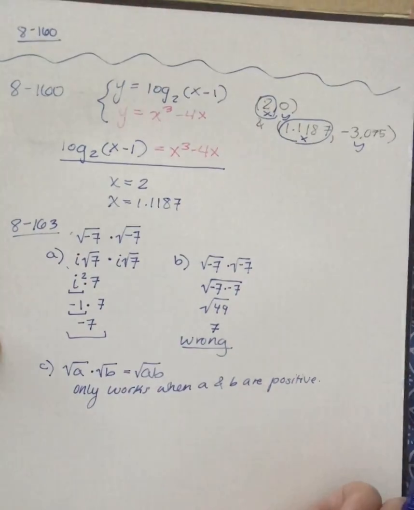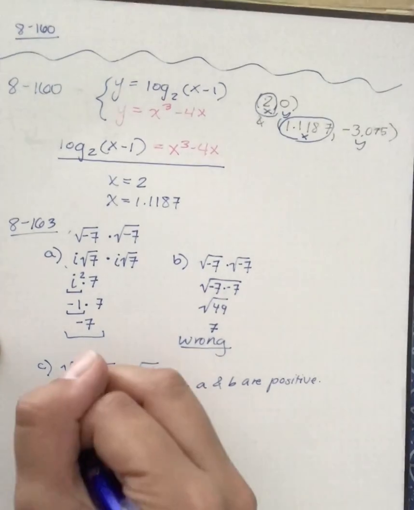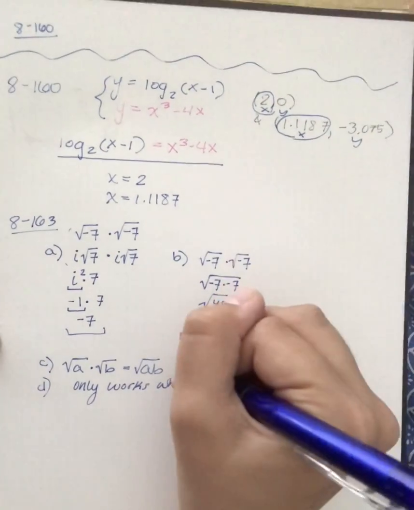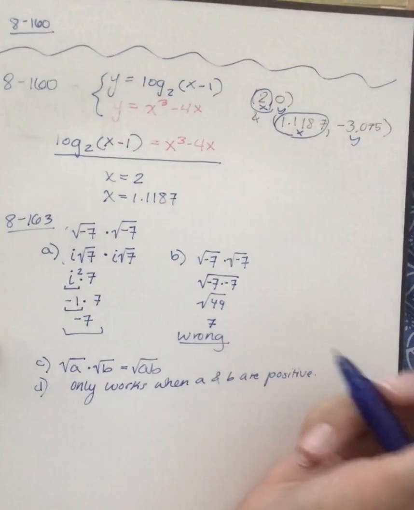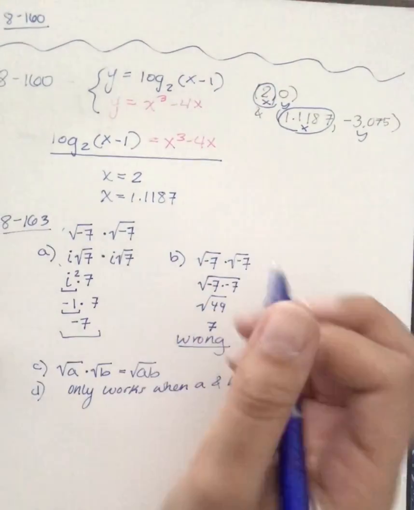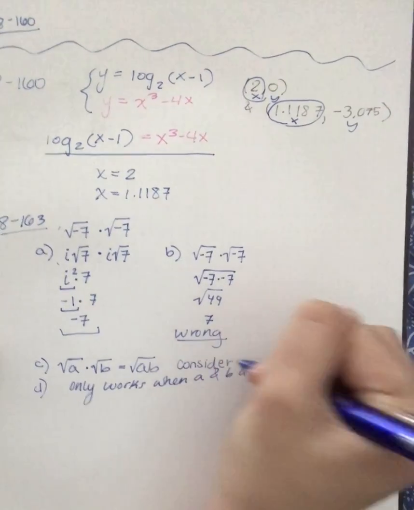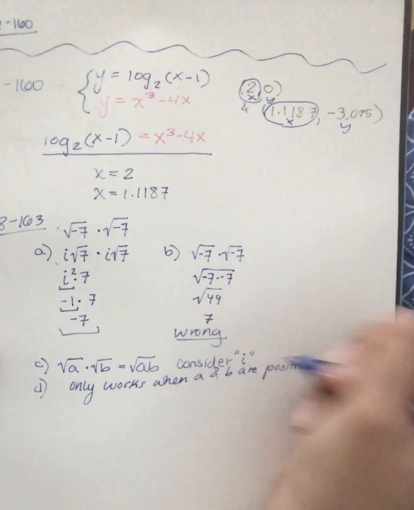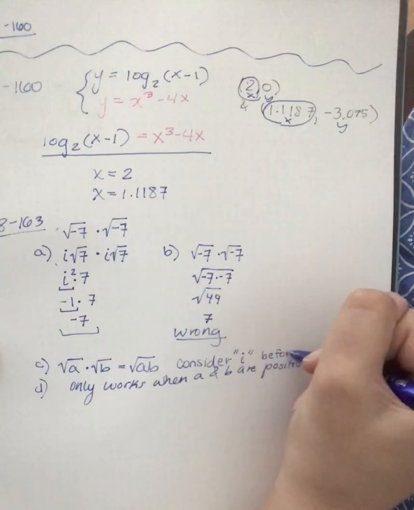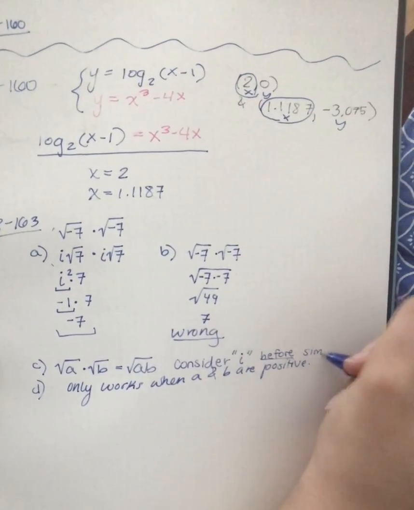Right, and that's kind of part D as well. So another thing to consider would be to consider the imaginary part, i, before simplifying.